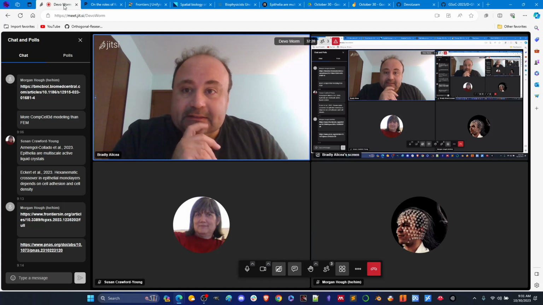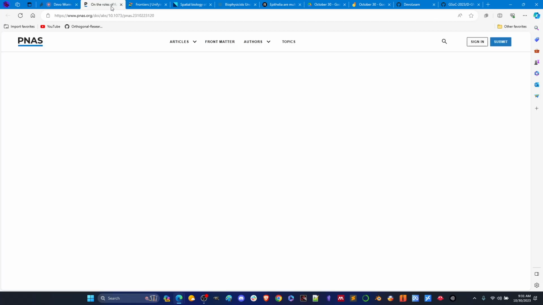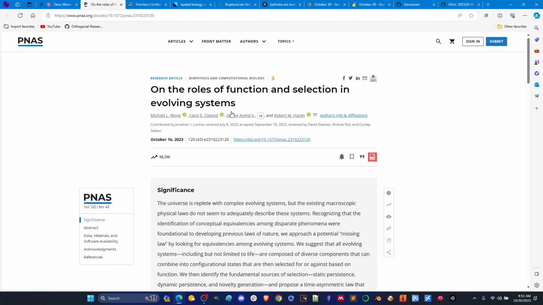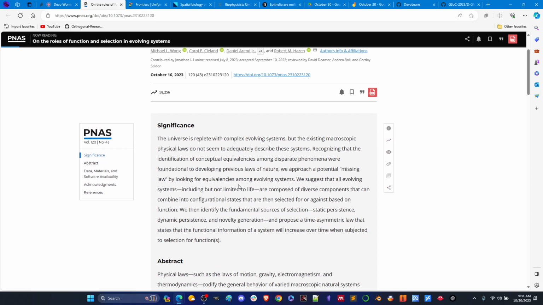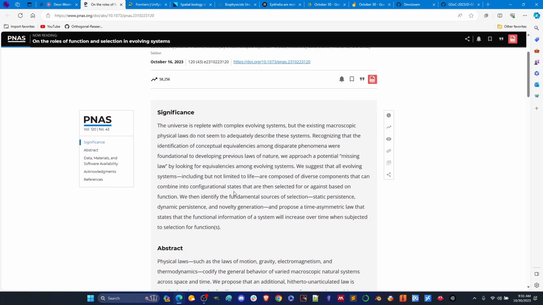Yeah, I think so. This PNAS paper is on the roles of function and selection in evolving systems. I don't know who these authors are, but this is another one of these grand scheme papers. The universe is replete with complex evolving systems, but the existing macroscopic physical laws do not seem to adequately describe these systems.